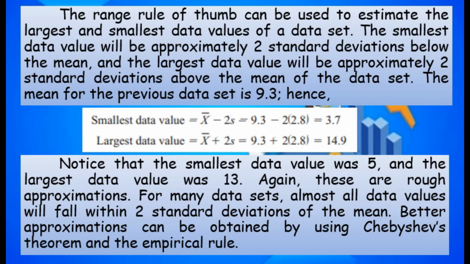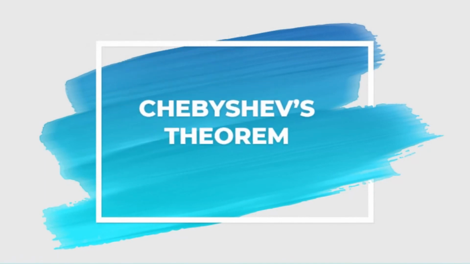For many data sets, almost all data values will fall within 2 standard deviations of the mean. Better approximations can be obtained by using Chebyshev's theorem and the empirical rule. The next topic is Chebyshev's theorem.